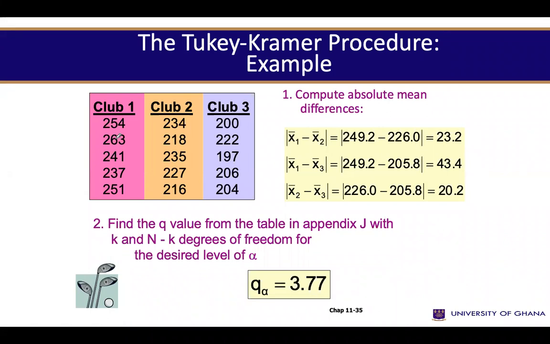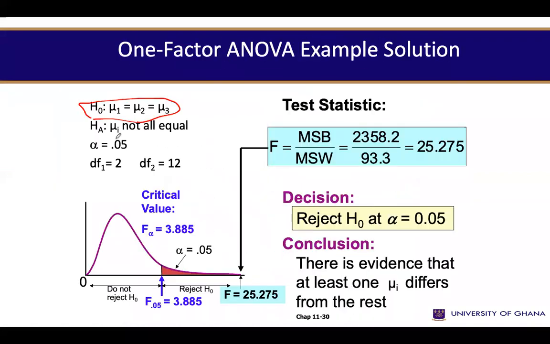We were asked to find whether there was a significant difference in the average distances traveled for the various golf clubs. And the work we did led to a conclusion that there was evidence that at least one of the means is different from the rest. So our conclusion favored the alternate hypothesis.